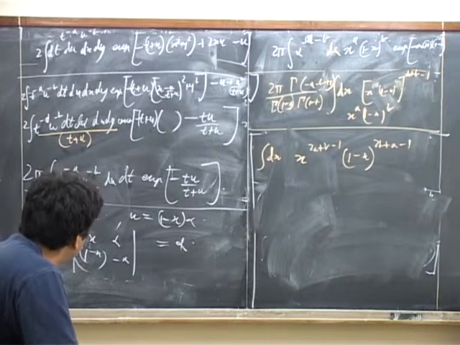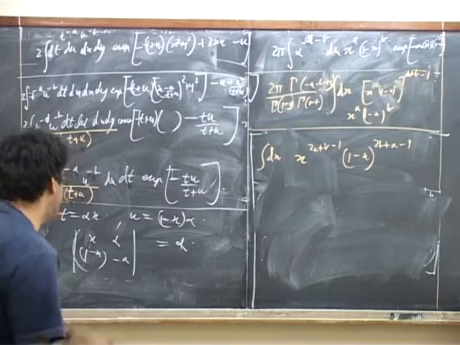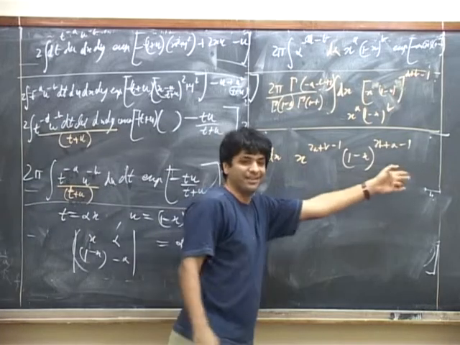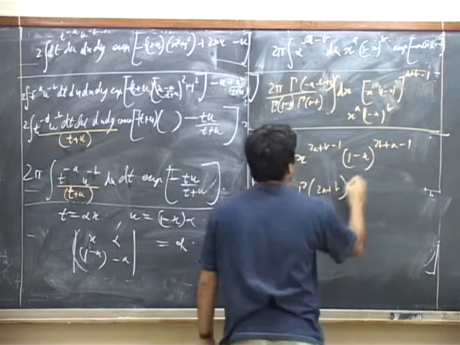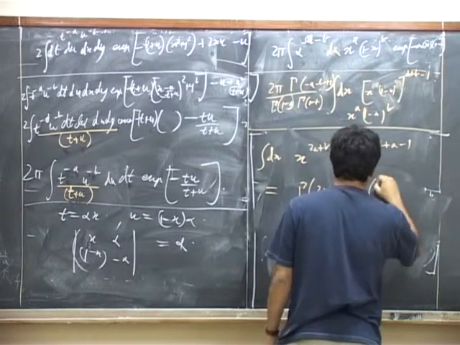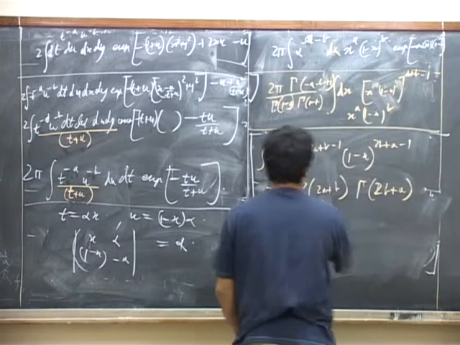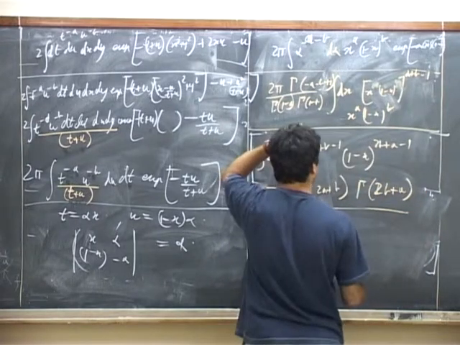Let's just go through. This beta function formula tells you that this thing is equal to gamma of 2a plus b into gamma of 2b plus a over gamma of the sum of the two.